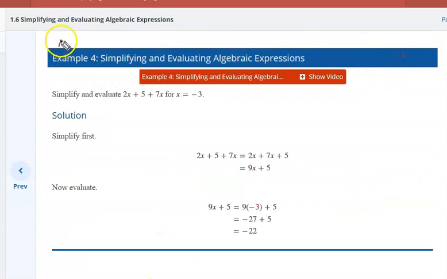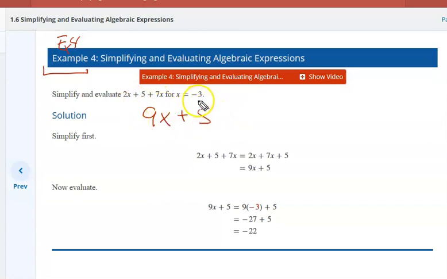Now this is example 4. And they're suggesting, and this is what you should do, to simplify this expression first. So we have a 2x plus 7x gives us 9x plus 5.